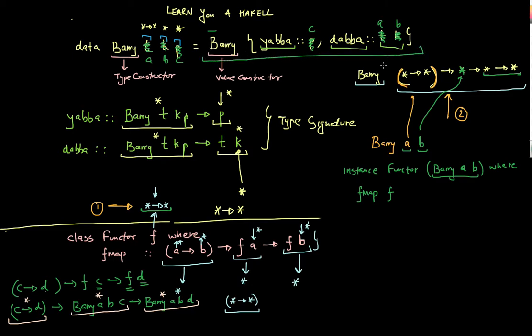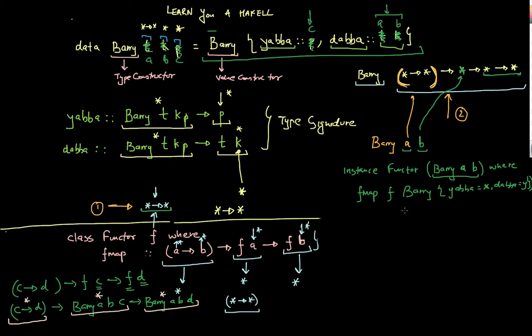If I use pattern matching here, I can say Barry followed by my first field Yaba, and let's say Yaba has some value X, and this value X has a type of C, followed by the second component Daba, which has some value Y that happens to be of type AB.